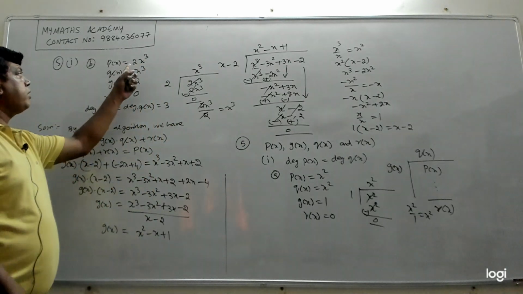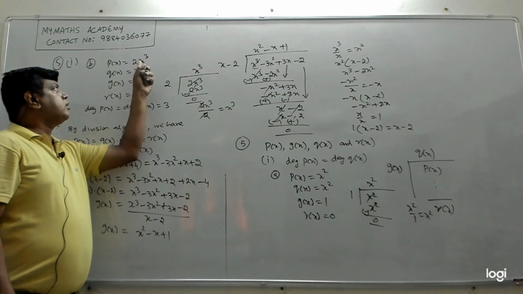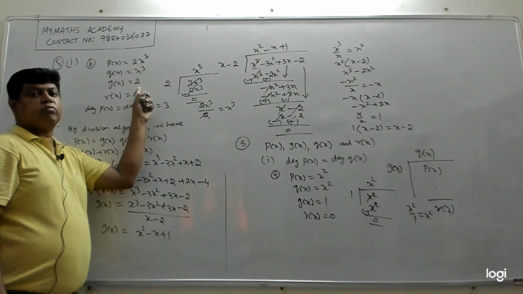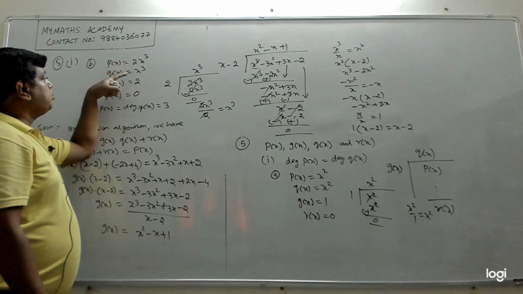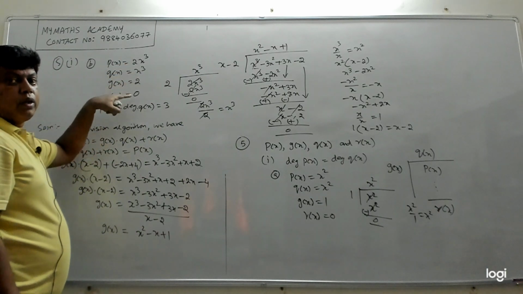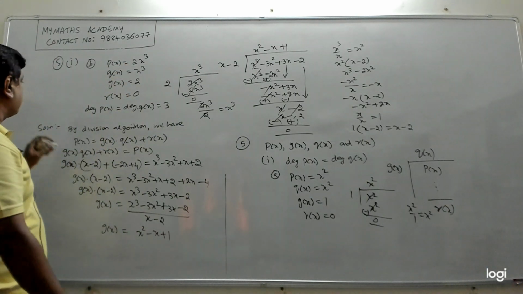You can put anything. You can say 2x power 4, then x power 4, then 2. Then the remainder will become 0, because if you divide 2x cube by 2, your quotient will be x cube. The remainder will obviously be 0. Clear? So this is how.